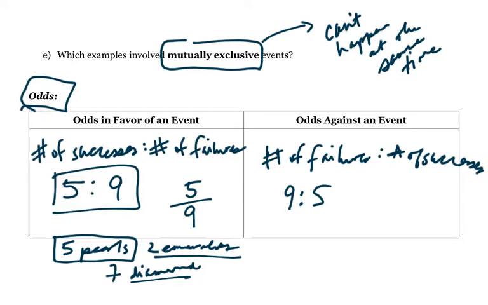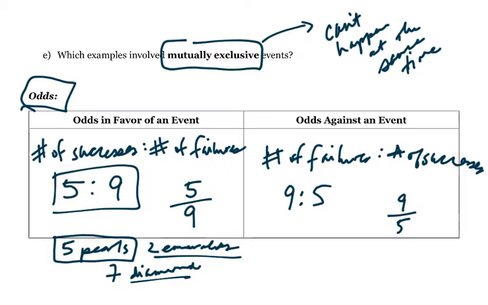So I would have 9 to 5 odds against me selecting a pearl. I can write that as a fraction. Notice that that fraction is larger than 1 because the odds are not looking at your total possibility of randomly selecting a pearl. It's just saying what are the odds compared to what's happening in the total situation.